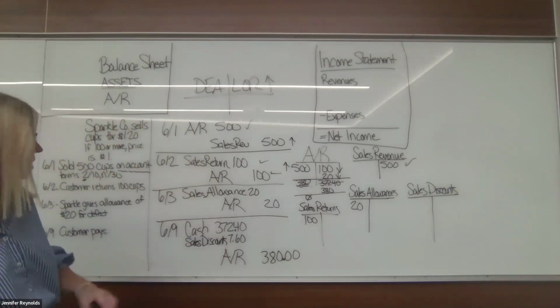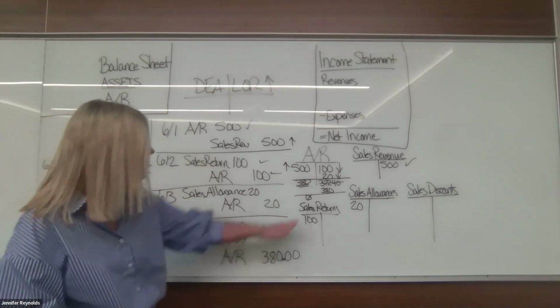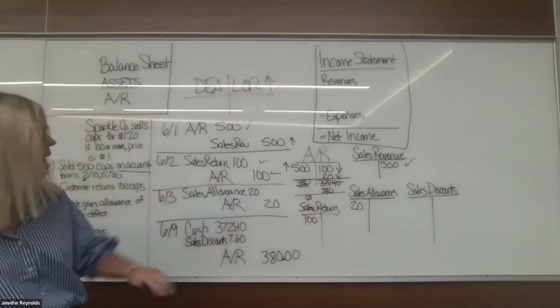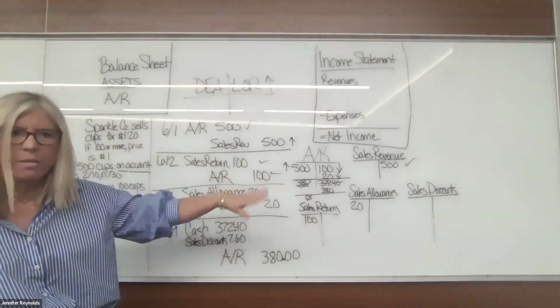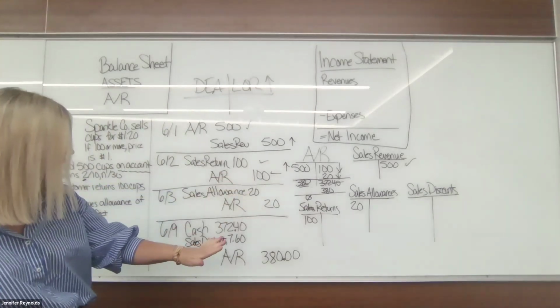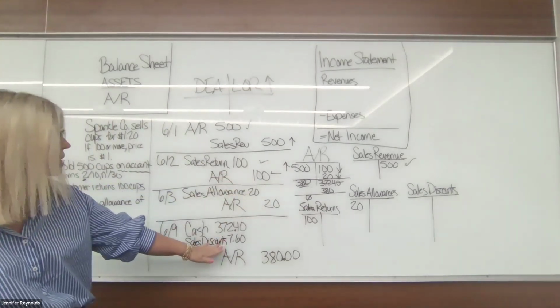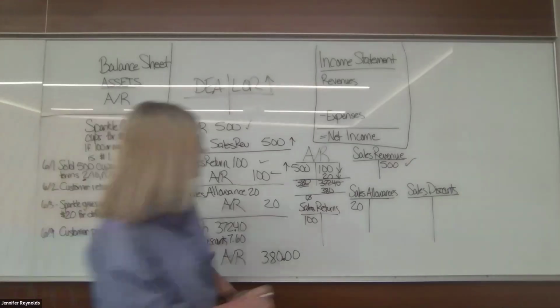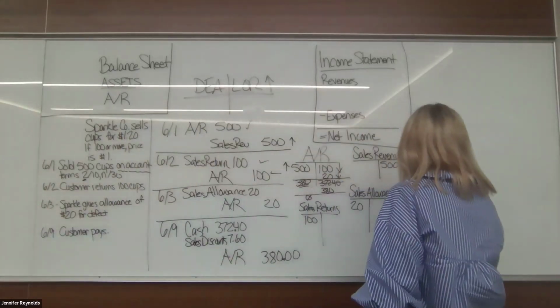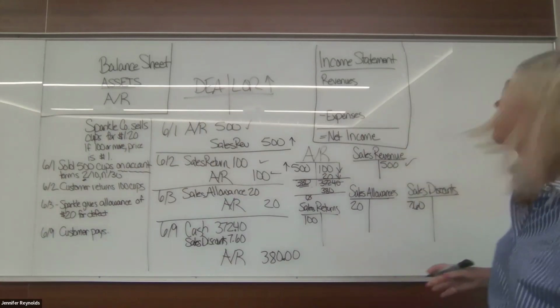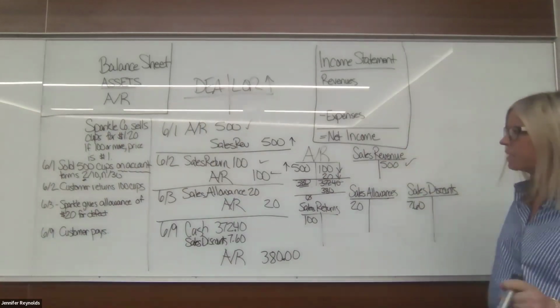Okay, let's look at this all together. I already posted the AR of 380. I don't have a cash T account up there, but we're not focusing on that, so I'll leave that off. Let's post these sales discounts of $7.60 debit and figure out where all this is going to go on our financial statements.